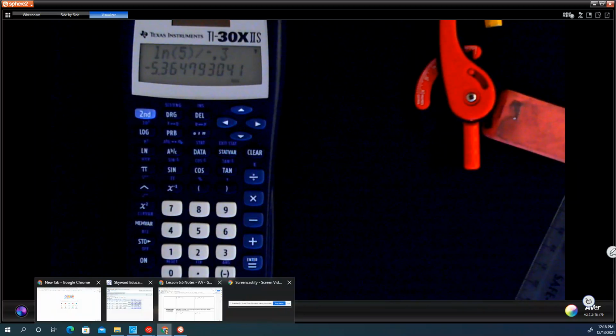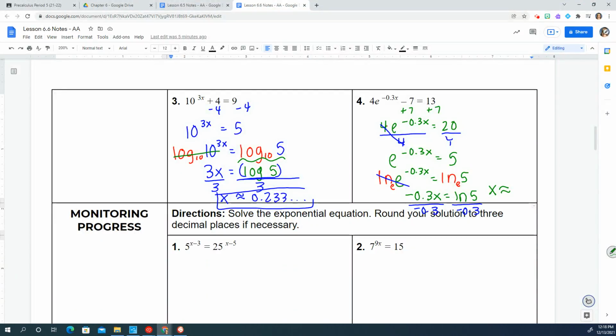There's my answer there, about negative 5.36. Okay. Kind of makes sense.